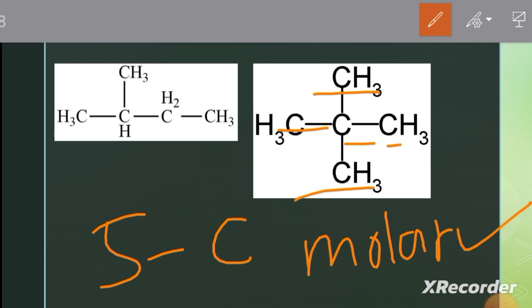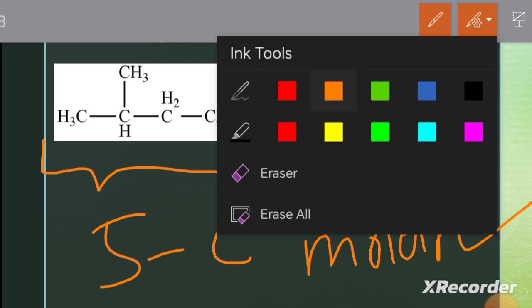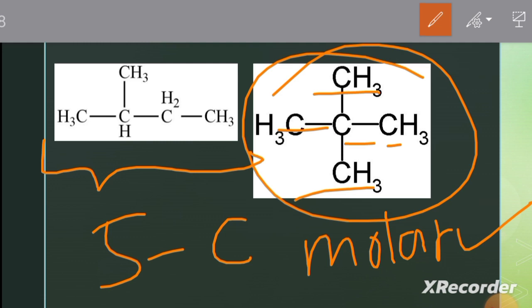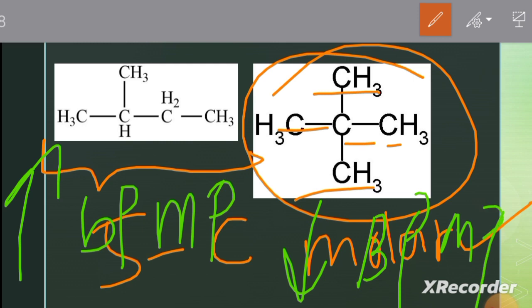So the factor to compare in London forces is surface area. Here this molecule has a larger surface area than this molecule. So when the surface area increases, we know that the number of London forces increases, so that boiling and melting points increase. So when we compare these two, this has a higher boiling point and melting point than this molecule.